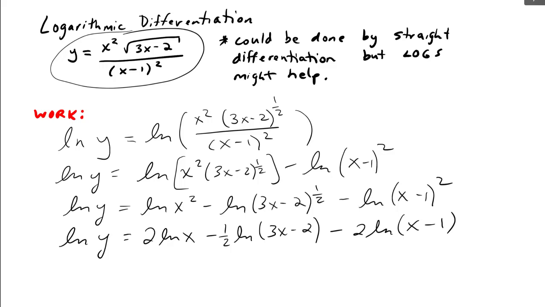Okay, so now we've simplified it as much as possible with our logarithms, and we can actually take the derivative. So realize nothing we've done yet has been aimed at finding the derivative.